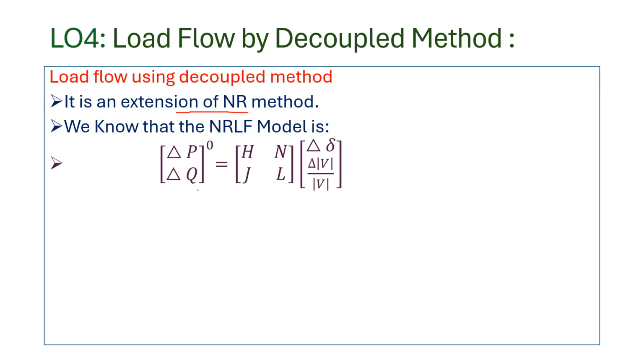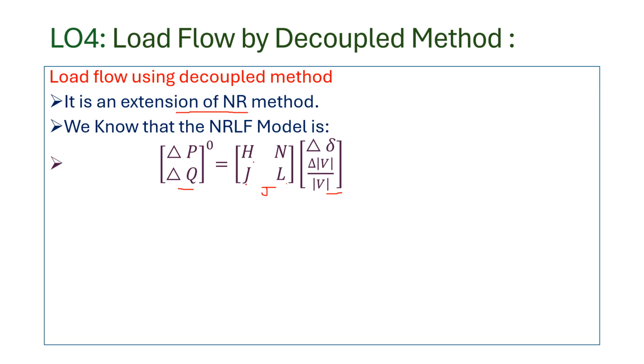Let us understand each of the terms here and what they indicate. Delta P and delta Q are the power mismatch vector. H, N, J, and L are the submatrices, and altogether they make up the Jacobian matrix, and this is the correction vector for phase angle and voltage.